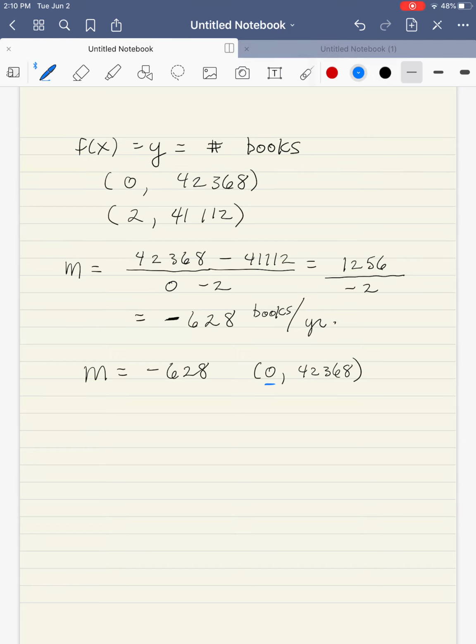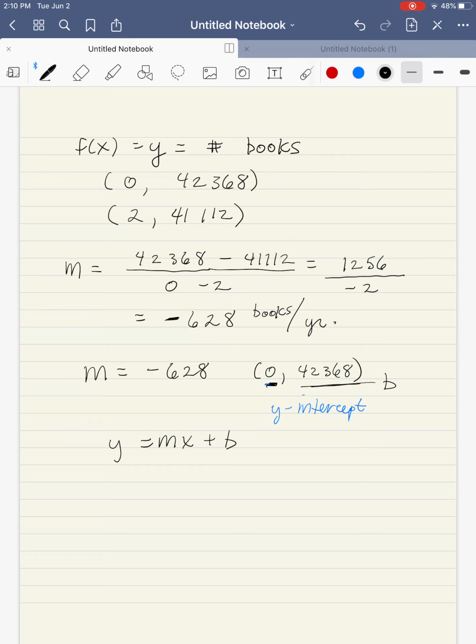And as soon as I write that point down, I realize this is 0. That means that this is not only just some random point on the line, this is a special point. This is the y-intercept. So I don't actually have to plug into the point slope formula. I can just plug straight into my y equals mx plus b. But I can only do this if I have the y-intercept, which means that there's a 0 for my x.